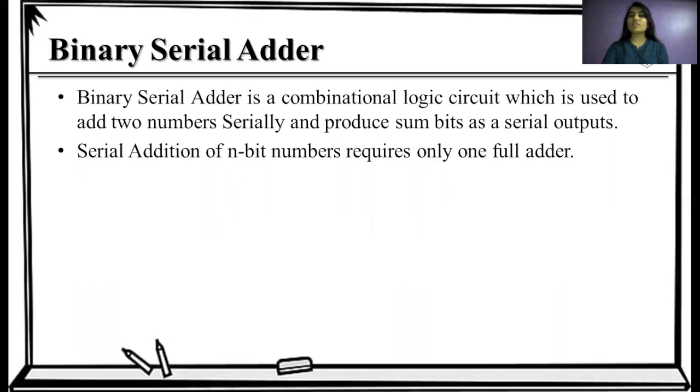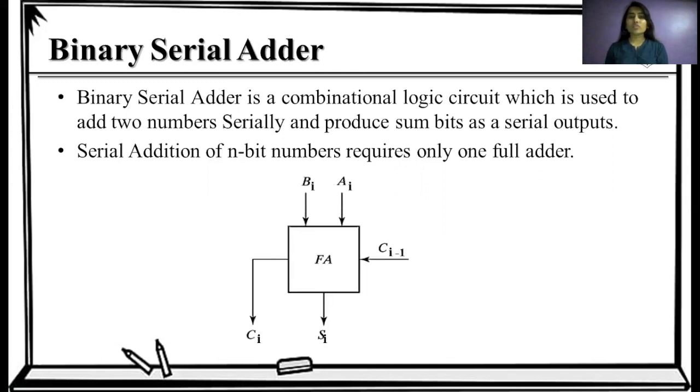Using a full adder, we can add 3 bits and we have 2 outputs, sum and carry. Now, if we have a 4-bit number or 8-bit number or n-bit number, how can we add this with a full adder? It can only add 1 bit.